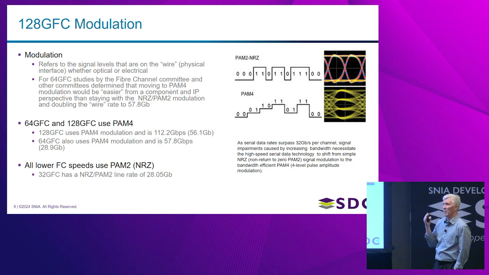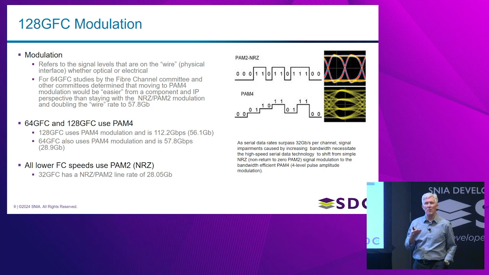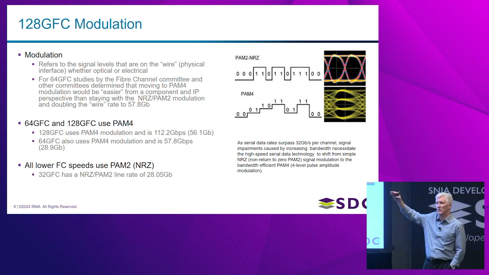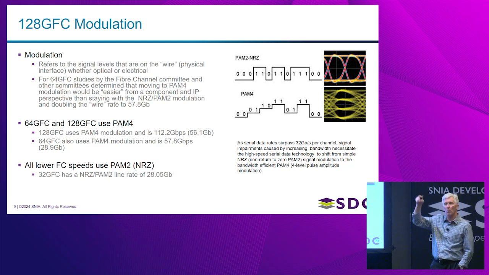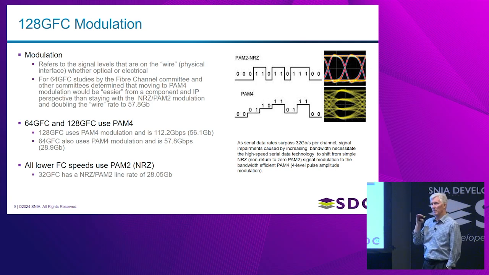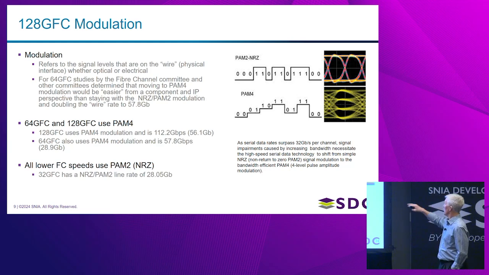Talking a little bit about the modulation or the encoding schema, the bit encoding schema, we made that jump between 32 gig and 64 gig, where we went from NRZ, which is a single bit representation based upon the energy level that's being transmitted, versus a 2-bit representation. This is what would allow us to actually run the link at a slower baud rate, but achieve double the throughput by encoding these things.